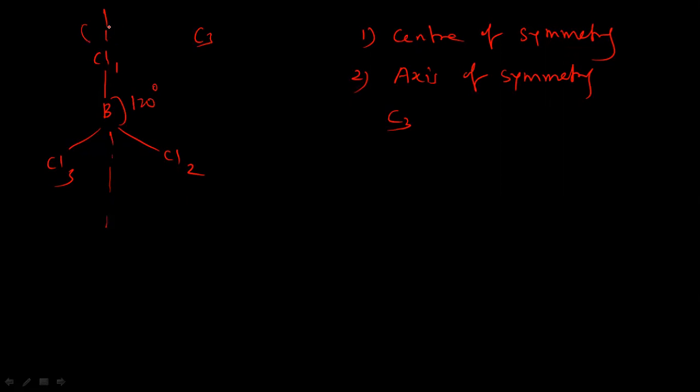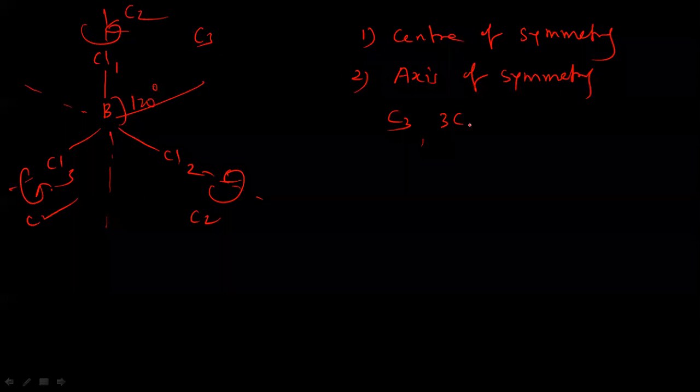This is one C2 axis, another C2 axis here, and this is a C2 axis here. So it is having 3 C2 axes: one C2, second C2, and third C2.